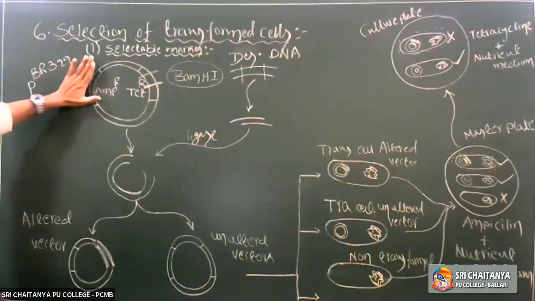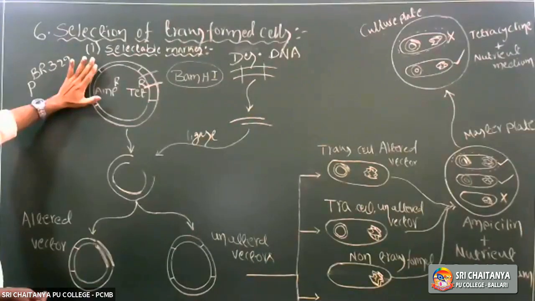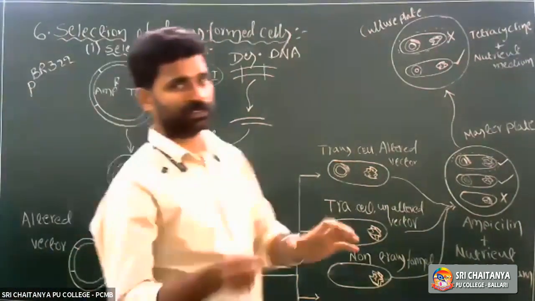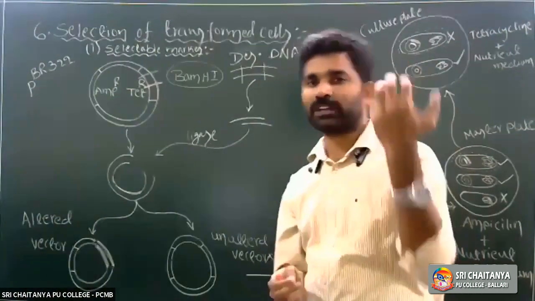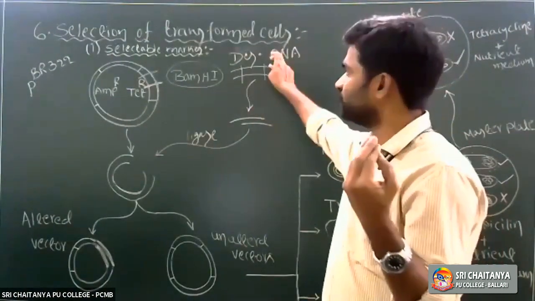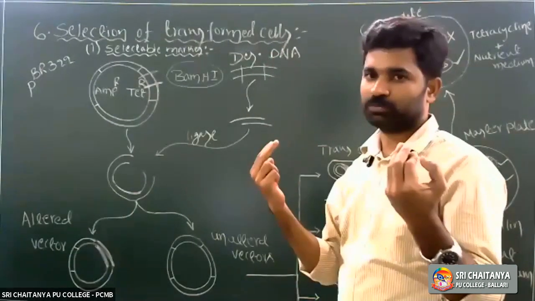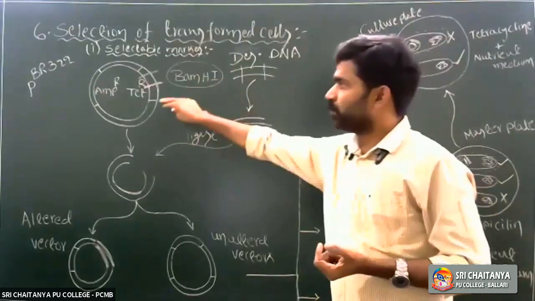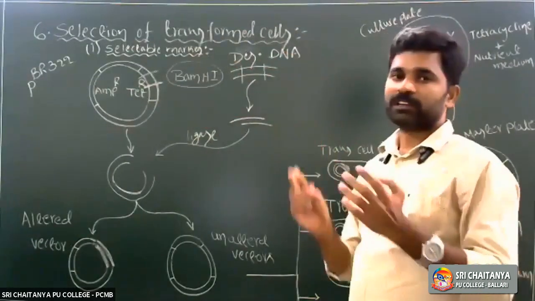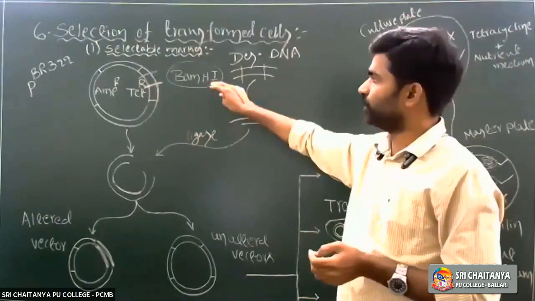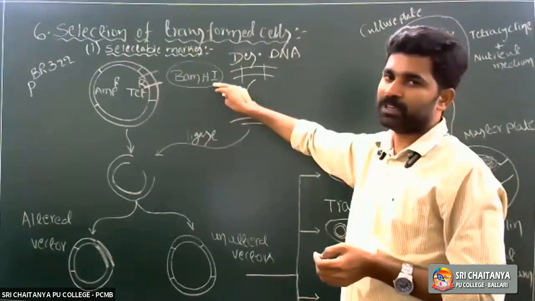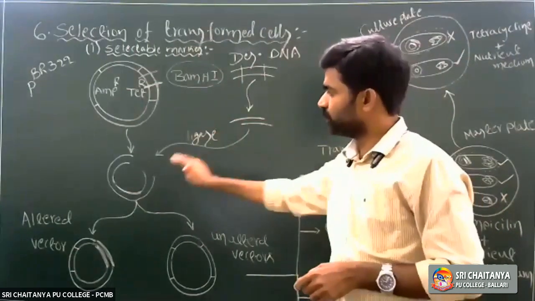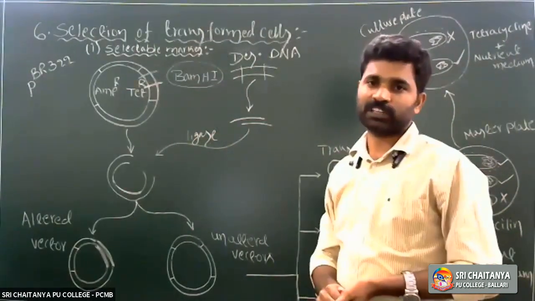So again, I'm repeating, don't get confused. In the process of rDNA technology, we selected pBR322 vectors. We collected pBR322 vectors in one test tube and foreign genetic material in another test tube. Then, in the second step, both pBR322 and foreign genetic material are treated with the restriction endonuclease enzyme, BamHI. It results in the formation of the same type of sticky ends.